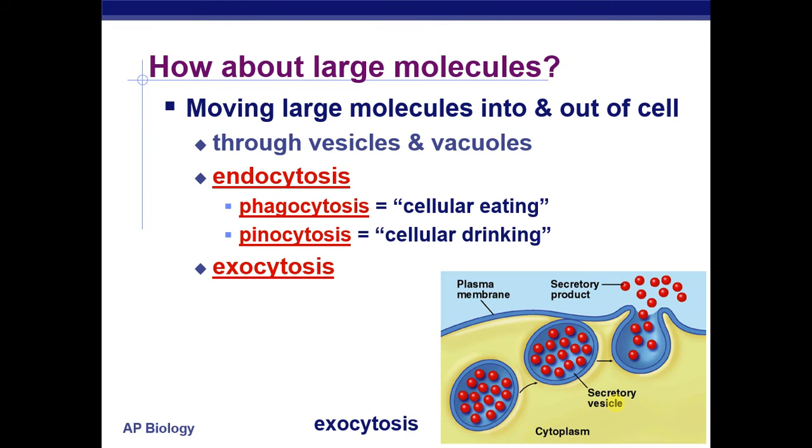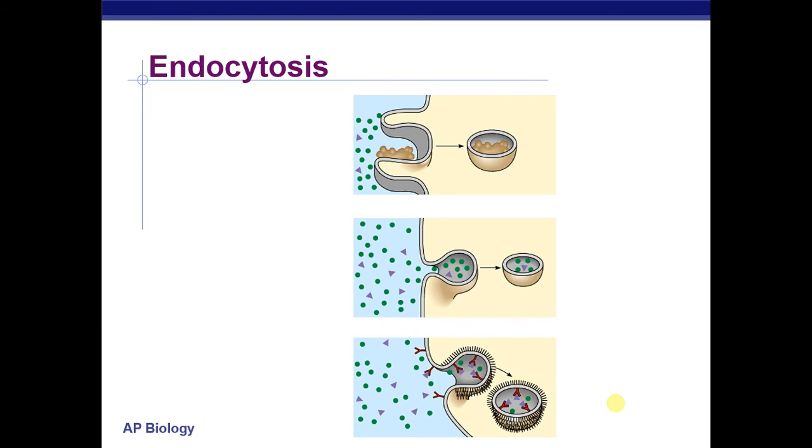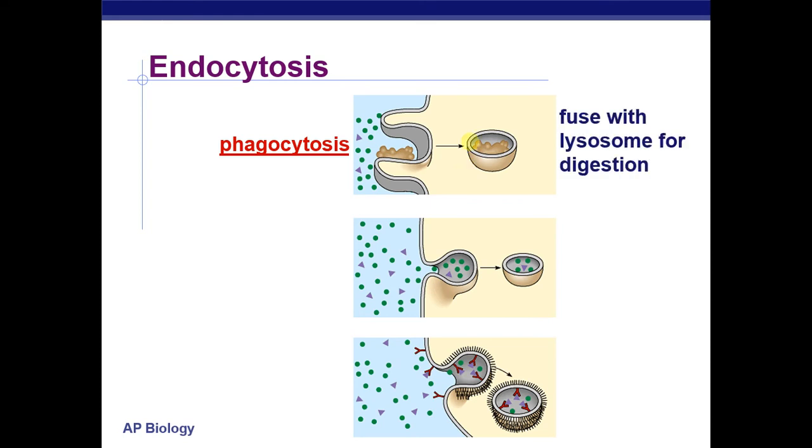You might kind of think of phagocytosis like the endocytosis that occurs in white blood cells when they surround and eat a pathogen. So here's endocytosis: something we want to move into the cell is being swallowed up by a vesicle of the cell and eventually goes inside.